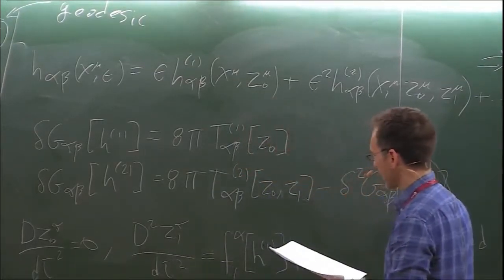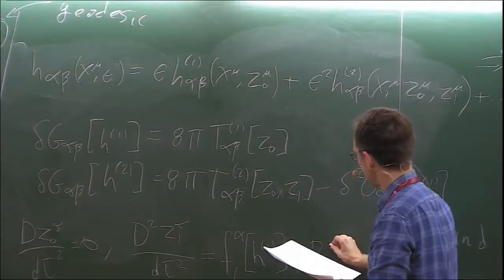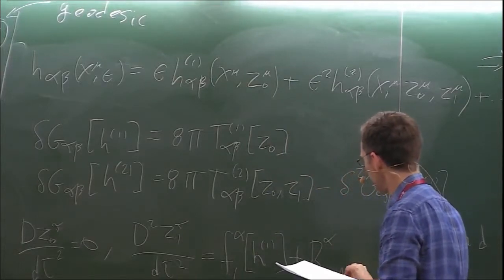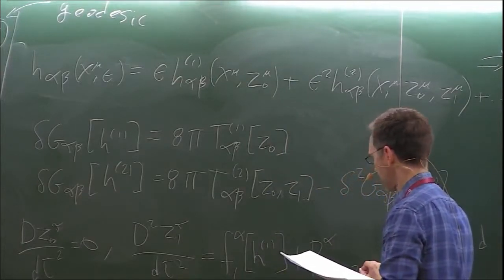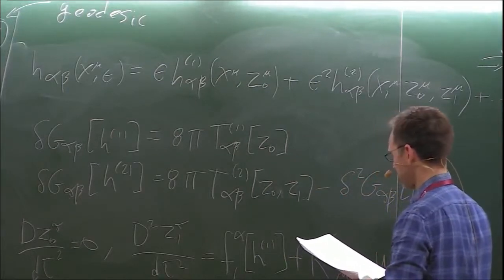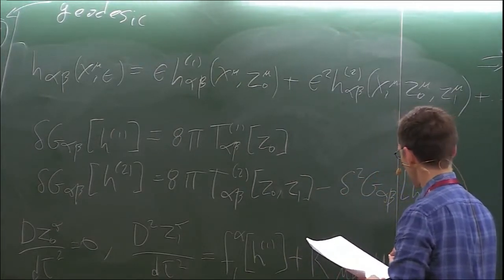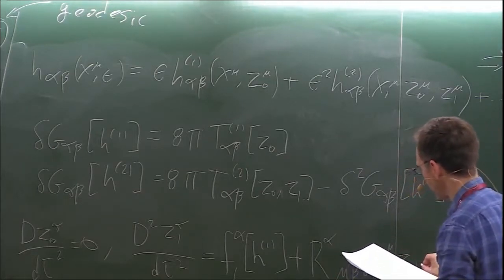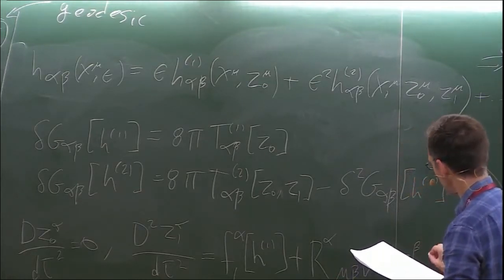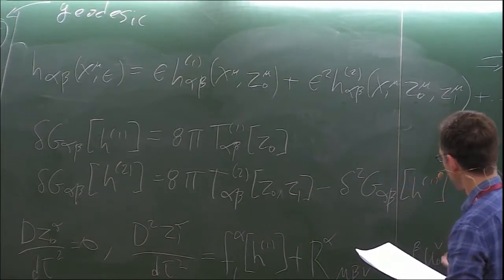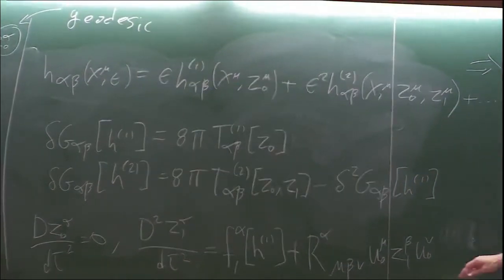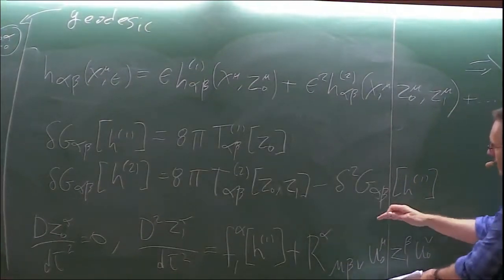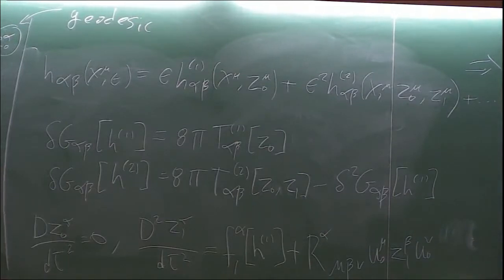But now it also has a Riemann term. And you might recognize this as what appears on the right-hand side of the geodesic deviation equation.